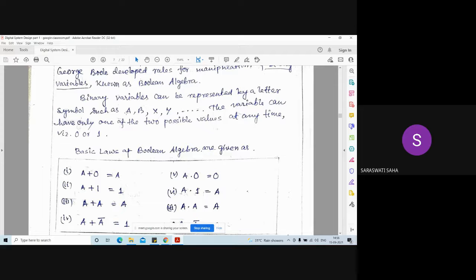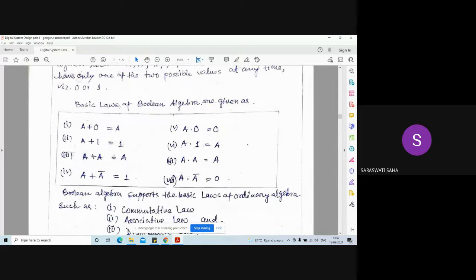For example, A, B, X, Y. These variables can have only one of two possible values at any time. What are these two possible values? In digital systems, you know, it follows the binary number system. So any variable can take only two distinct values, that is 0 or 1. And such variables or symbols are known as Boolean variables.